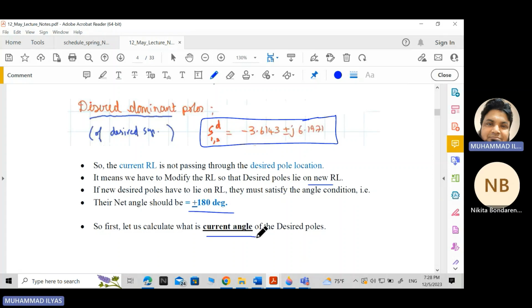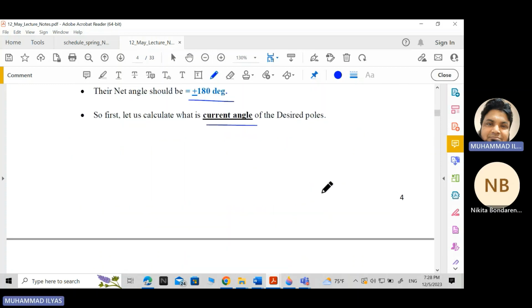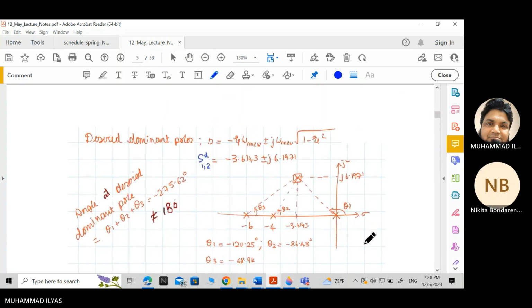So let's calculate the current angle of the desired pole. Where the desired pole lies somewhere. So let's calculate first what is the current angle of these poles from the given open loop poles. An open loop pole is at 0, one is at -4, one is at -6. So this is our desired pole this way.